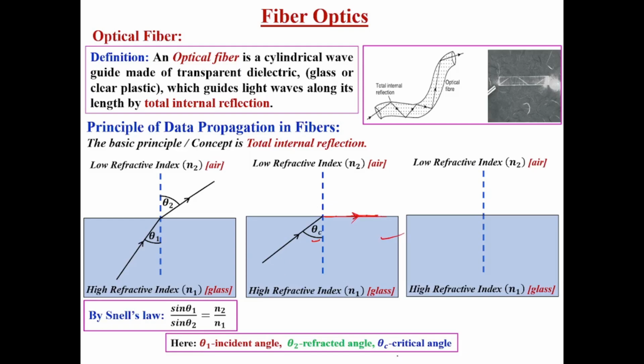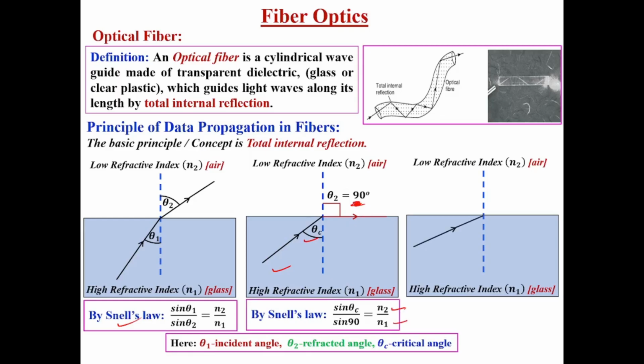This theta c is called the critical angle. We already studied this at the +2 level. Now apply Snell's law for this case. Because this angle will be 90 degrees, applying Snell's law we get sin theta c by sin 90 equals n2 by n1.